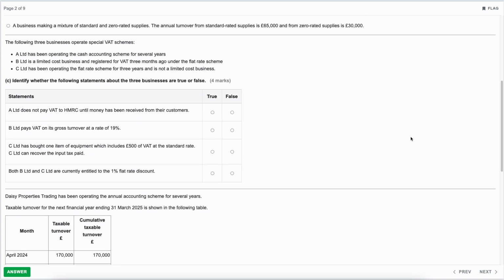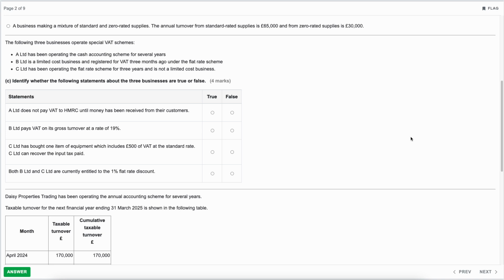Right then, moving down. So the following 3 businesses operate special VAT schemes. So we can see we've got A Limited, B Limited and C Limited. So A Limited have been operating the cash accounting scheme for several years. B Limited is a limited cost business and registered for VAT 3 months ago under the flat rate scheme.